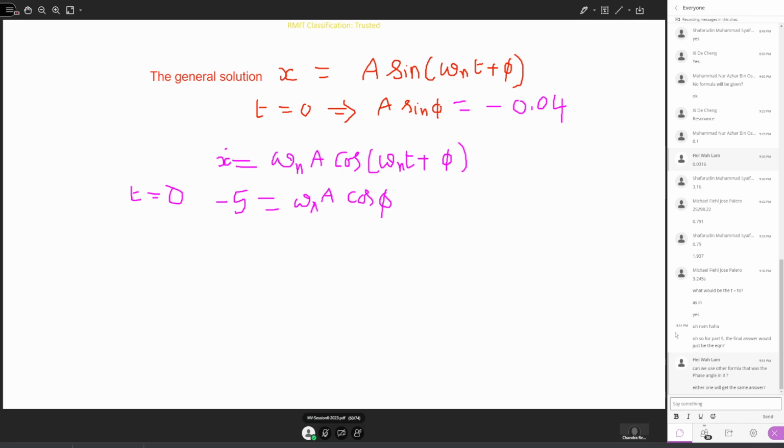From this you can see omega n A cos phi is -5 and A sin phi is -0.04. If you take the ratio of these two equations, 1 and 2, this is just to solve whatever possible here.